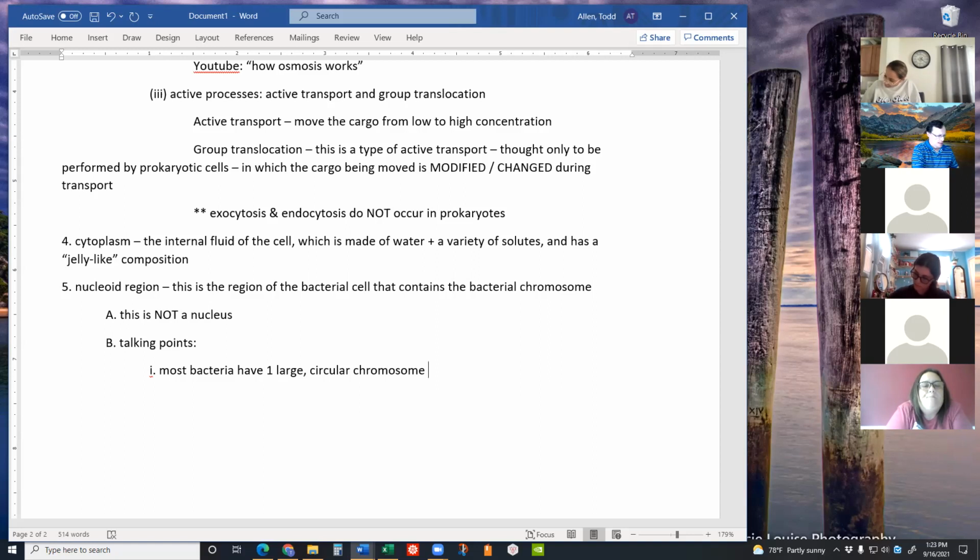Now, if you look at the foundation figure 4.6, which in my textbook is page 76, when you look at where the chromosome is, the nucleoid containing DNA, it's got a purple color, right? It really doesn't look like a circle, does it? Give me some descriptive language in the chat window.